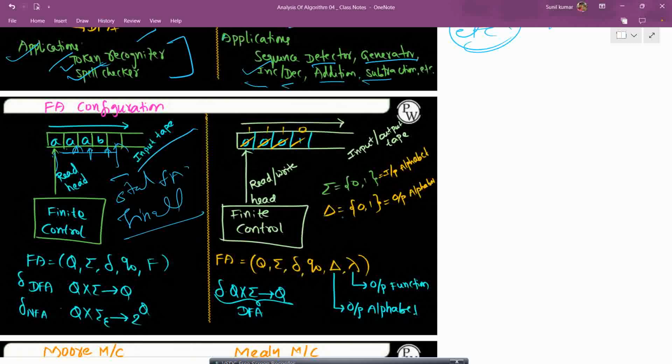But in the case of a machine with output, the read write head is this, and the input tape is this. So this tape is input as well as output. If some string is given, we match this string with this, and we are going to detect that.